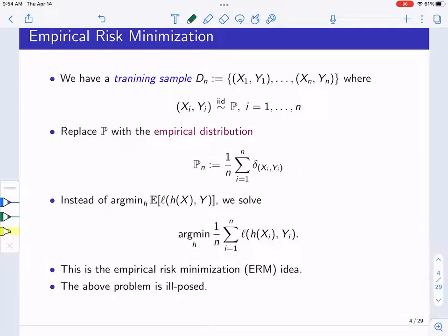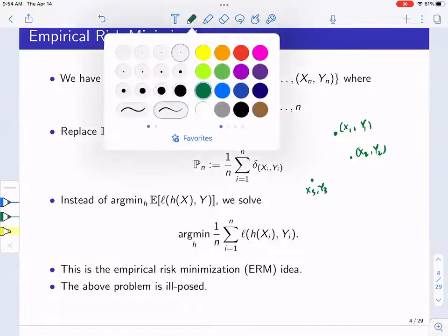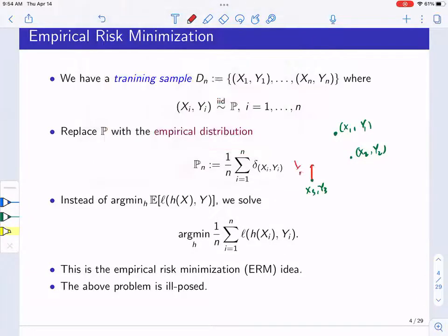This is the measure that puts mass 1 over n at each location (x_i, y_i). So if I have training points (x1, y1), (x2, y2), (x3, y3), we have a probability measure that puts mass 1 over n at each one of these points.